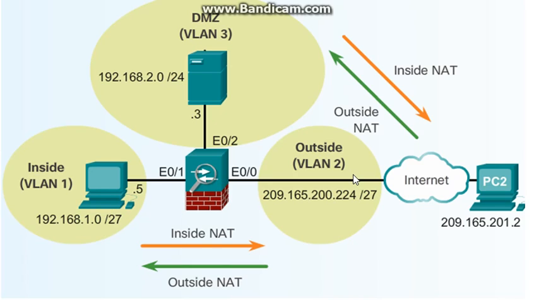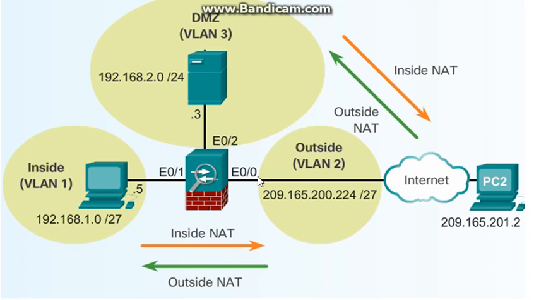Now, outside NAT. This method is used when traffic from a lower security interface is destined for a host on a higher security interface, and it is translated.